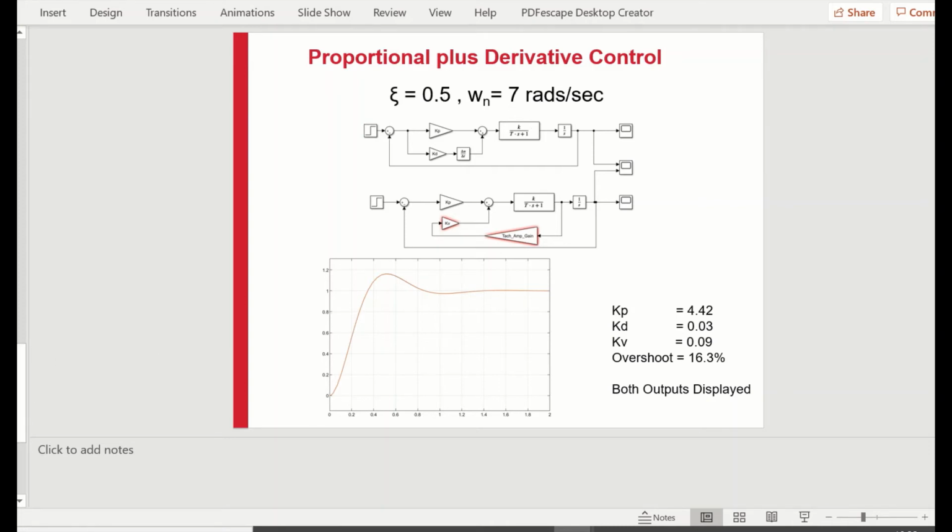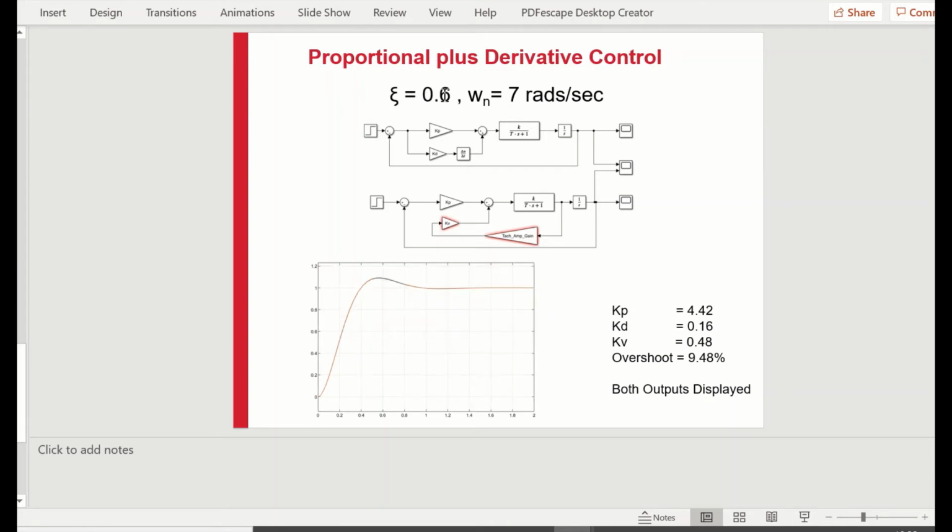If we now go for damping ratio of 0.6, the difference now is that KV is the same, but KD is only 0.16, and the KV is 3 times that, which is 0.48. So this is going to give us like a 10% overshoot here. And notice again, the TP is about 0.6 of a second. It's a bit less than 0.6, about 0.55.